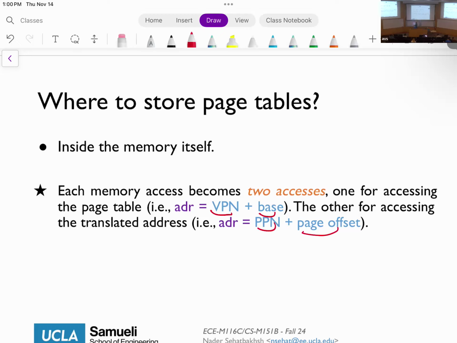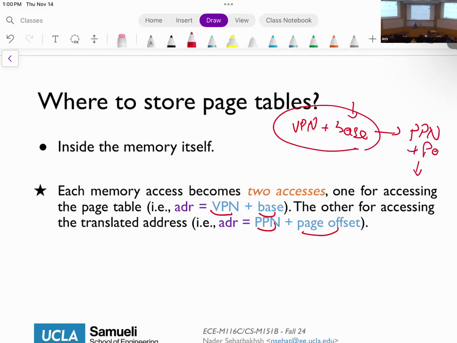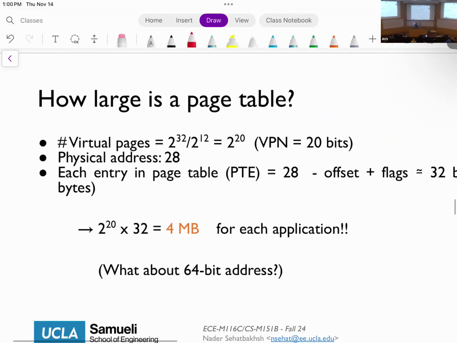So the first access is whatever VPN you have plus the base, which is coming from the process, and this will be the address that you access in the memory to bring the PPN. You get that PPN, you add it with the page offset, and this will be the actual address that you're going to access in the memory.